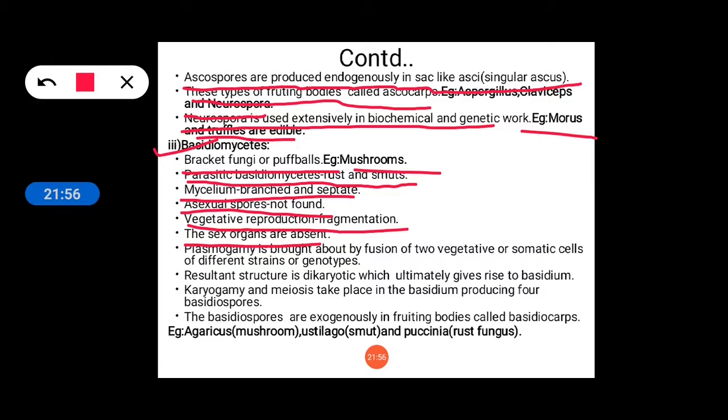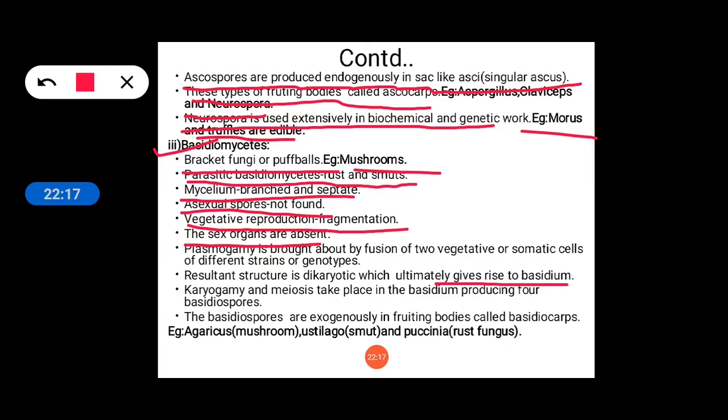The resultant structure is dikaryotic, that means presence of two nuclei, which ultimately gives rise to the basidium.